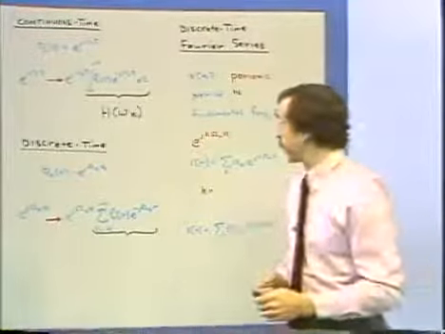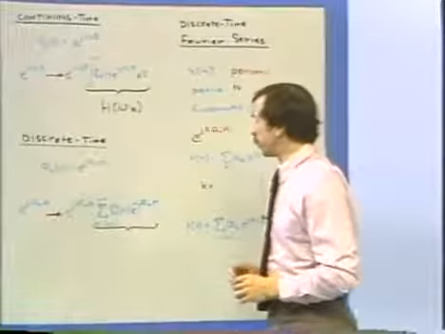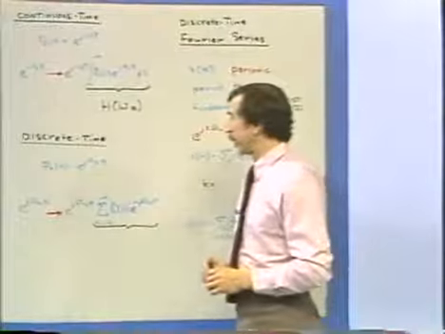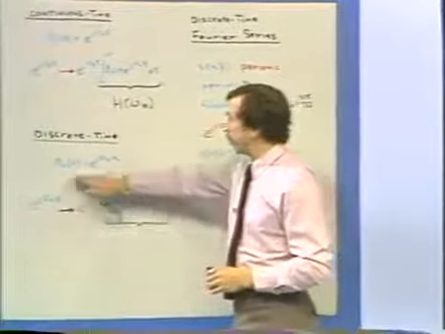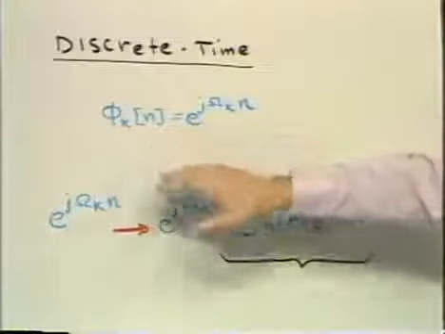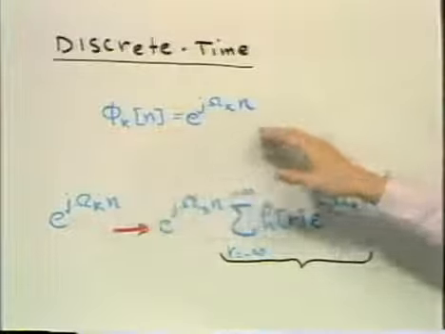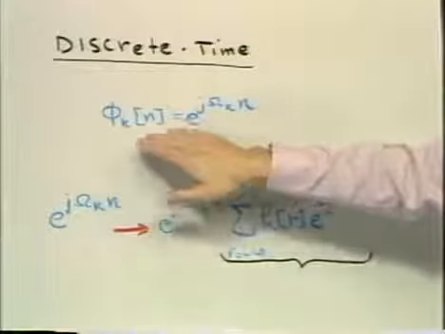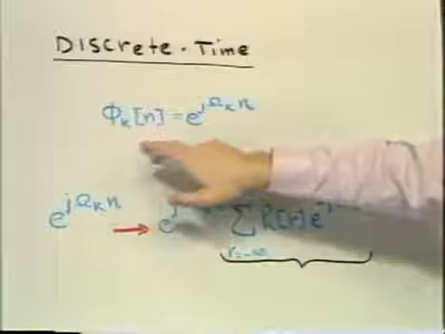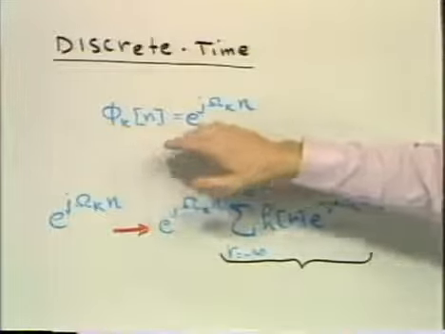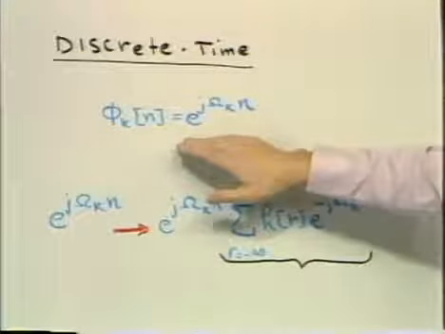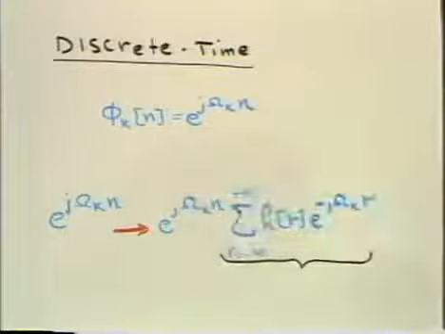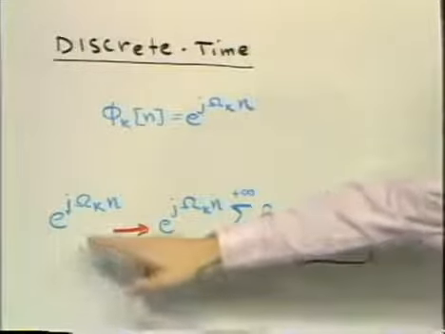Well, let's begin with the eigenfunction property, and let me just state that just as in continuous time, if we consider a set of basic signals which are complex exponentials, then discrete time linear time invariant systems have the eigenfunction property.